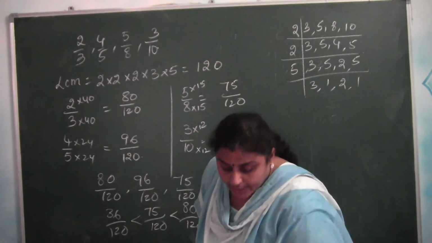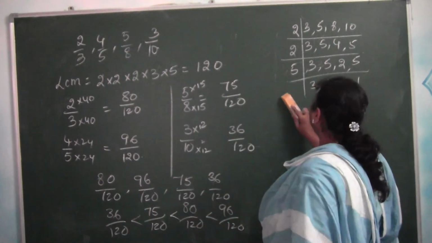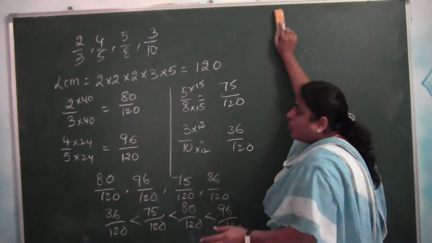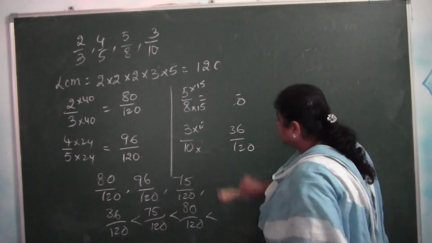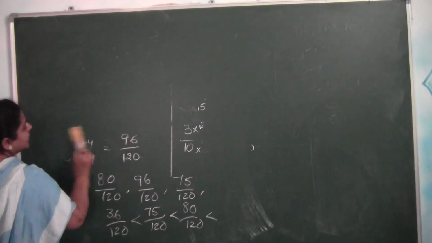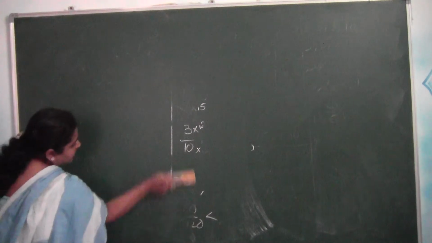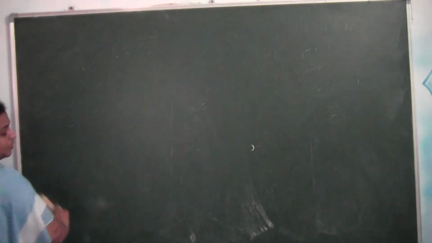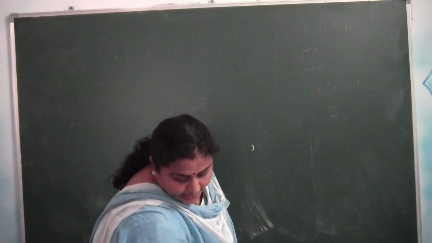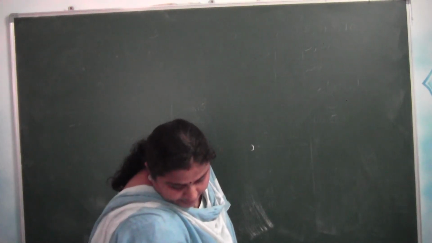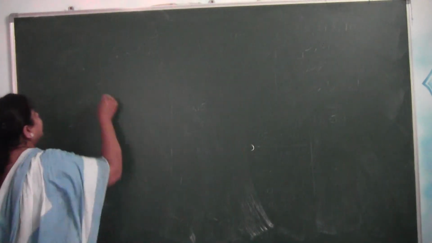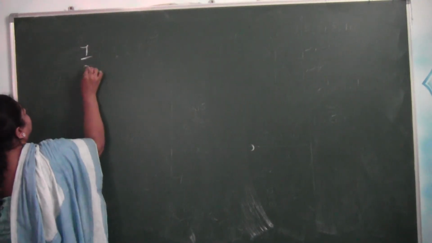Now let us move on to addition and subtraction of fractions. For addition and subtraction of fractions also you follow this same procedure. Now let us take few examples and we will learn how to add unlike fractions and how to subtract unlike fractions. Okay, children? Now any two fractions you take, now 7 by 8 and 1 by 12.